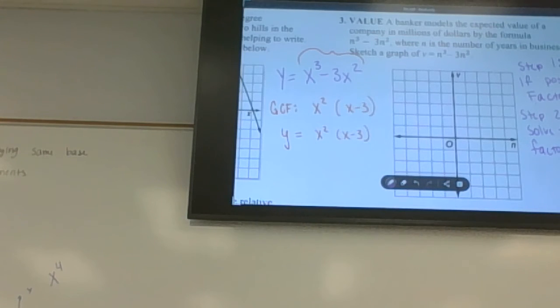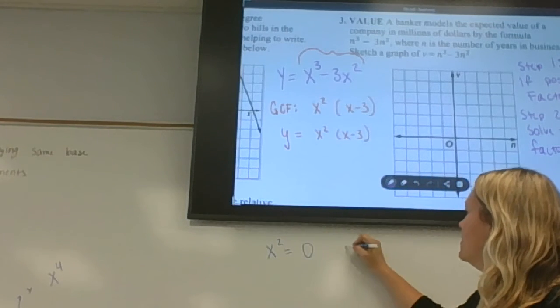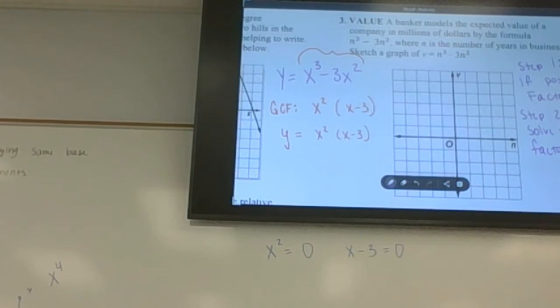So when we solve factors, we set them equal to 0. So I would say x squared equals 0. x minus 3 equals 0. Solve those.